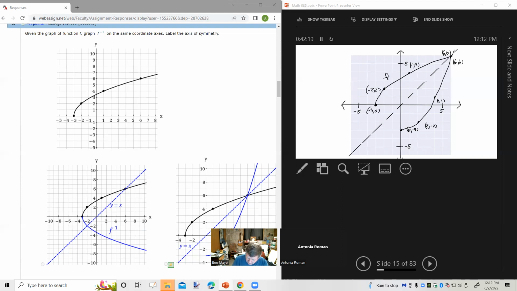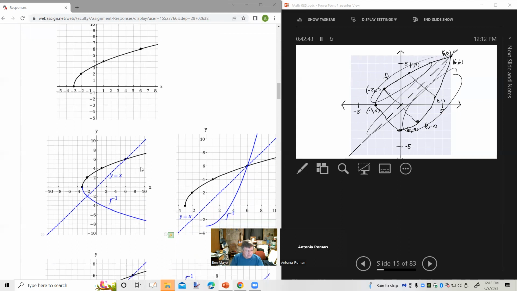Also, this graph is symmetric with that graph about the line y = x. So I could have done it that way. I could have said, well, I've got this point. So if we come across here, I'm going to have this point. I've got this point. So if we come across here, I'm going to have that point. You see what I'm saying? Yeah. All right. So which of these looks like that? Well, let's see here.